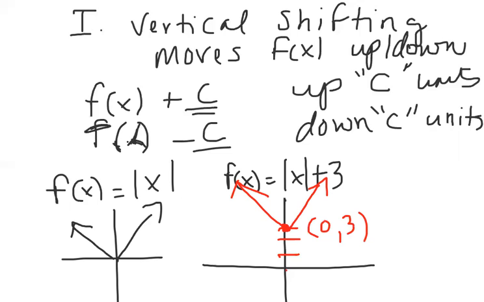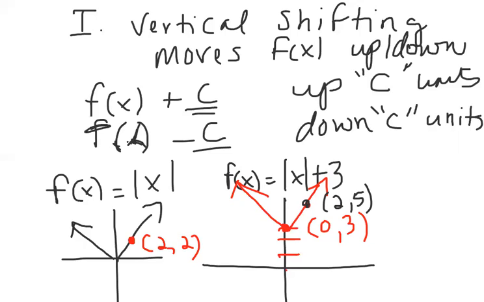So for example, if you had a point on the original graph at 2, 2, and you were to shift that function up 3 units, this new point would actually be over here somewhere at 2, 5. Remember, every y value is getting shifted up 3 units.